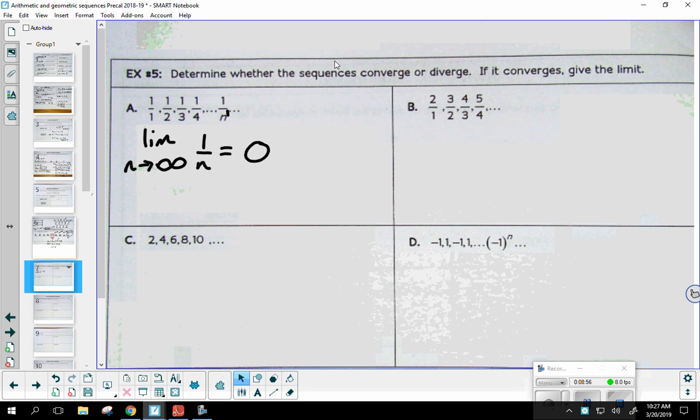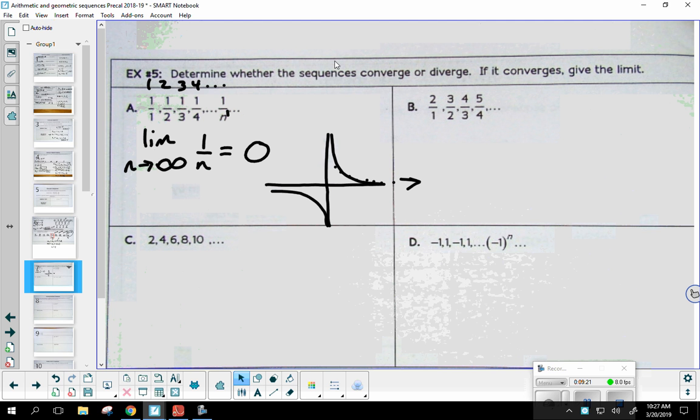And just think about the graph. 1 over x, 1 over n. You remember the rational parent's going to look like this. We have a branch here. We have a branch here. So think about the number of the term being the x value. So we have the first term, second term, third term, fourth, and so on, right? So the y value is the term itself. So think about you're just getting these points as you go further along.